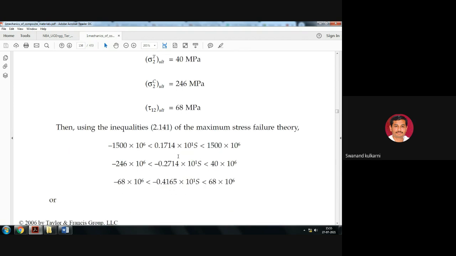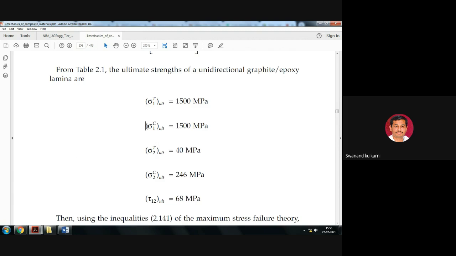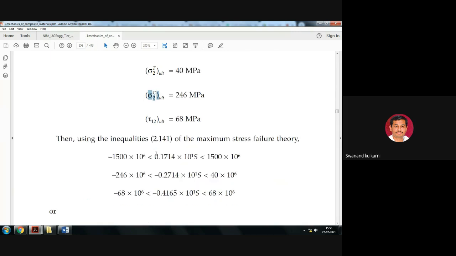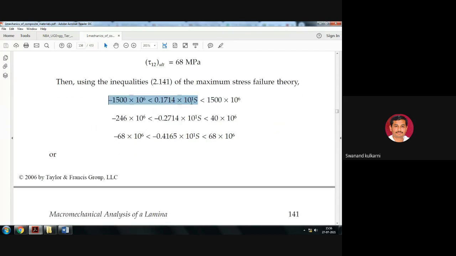Then using the inequalities of the maximum stress failure theory, by solving this equation we have got the principal tensile stress in direction 1, principal compressive stress in direction 1, principal tensile stress in direction 2, principal compressive stress in direction 2. This is shear stress 1, 2. So how these equations are put here, we can see with those particular values here.